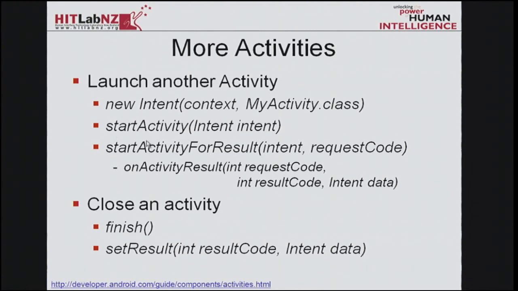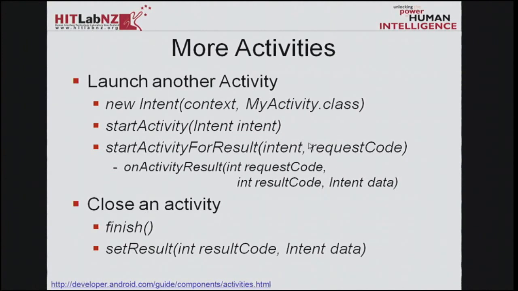And in case you want to get some values back from that activity you're launching, you might have to use a slightly different method called start activity for result. And again, you pass the same intent here, but one more parameter you pass is an integer value of request code. Once the activity you've called finishes, it will return back a value through the method in your class called onActivityResult, so that if you have multiple different activities you're calling, you know which activity you have been returned from.